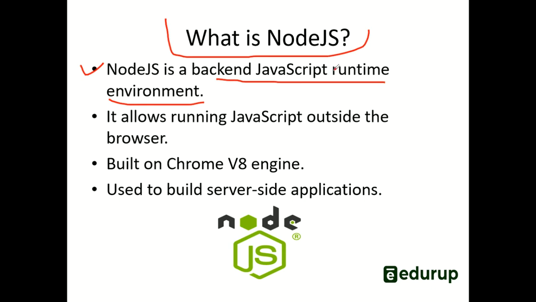It allows running JavaScript outside the browser, and it is built on Chrome's V8 engine. It is used to build server-side applications. So React.js is used for client-side applications, while here it is used for server-side applications. Very simple.